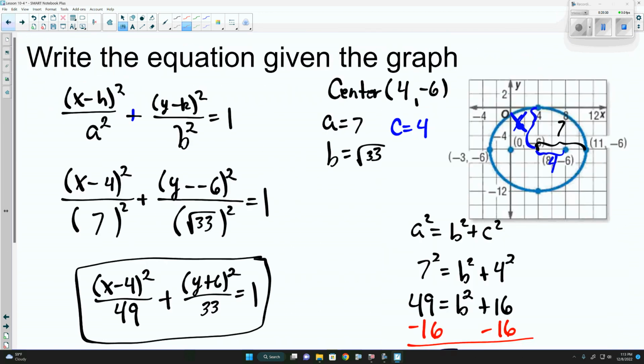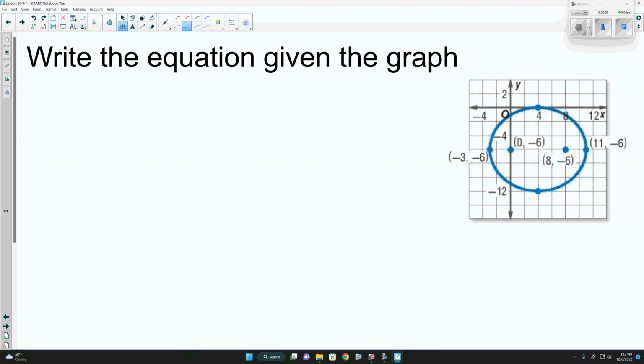Now, I will say this with hyperbolas, or not hyperbolas, these ellipses. These are actually kind of useful, because especially around here where you're building pens or corrals, this kind of ovular shape is actually kind of nice, and they're actually easy to make. Because if you can set the center of where you want it and the distance away from it, what's interesting is that this distance from here to here is, for this problem, 14.